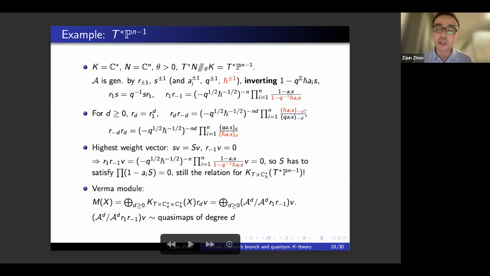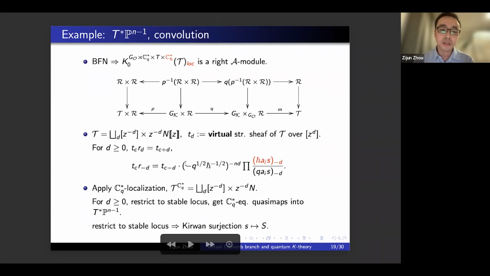When this D is negative, this polynomial symbol also makes sense, but the polynomial symbol for a negative number is something in the denominator. It's not in the numerator. And you can also define the Verma module in this way. So this is what happens for T star Pn minus 1.